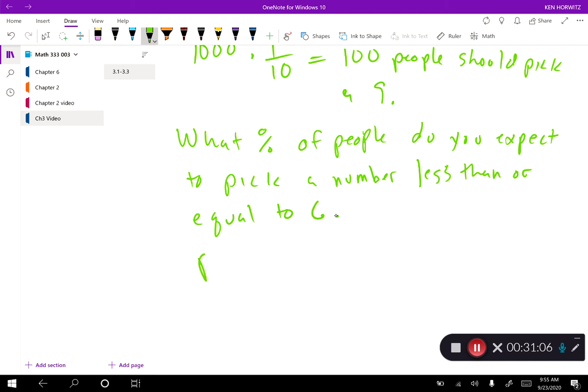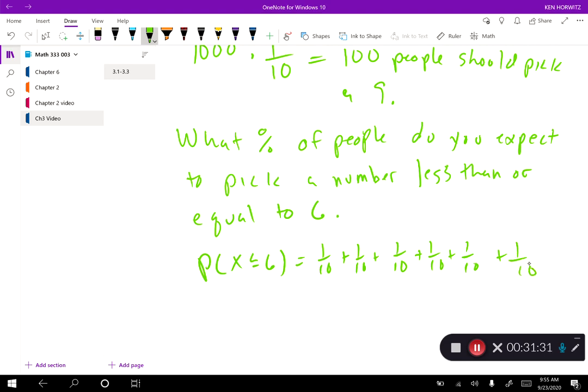So that would be the probability that x is less than or equal to 6, right? And that would be 1/10 for each of the six numbers, 1, 2, 3, 4, 5, 6.